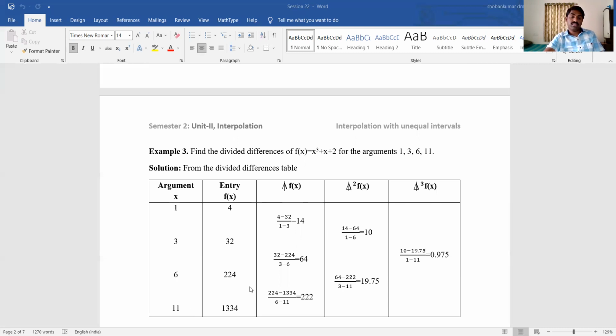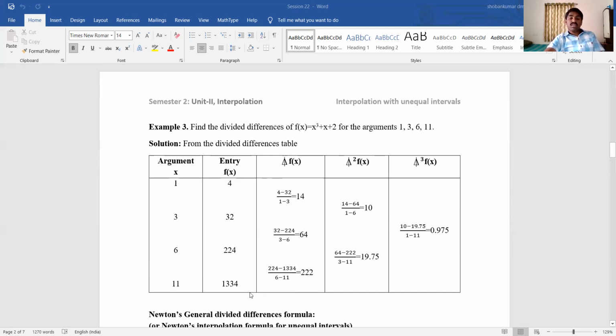F of x at x equal to 1, we get 4. At x equal to 3, we get 32. At x equal to 6, it is 224. At x equal to 11, we get 1,334.